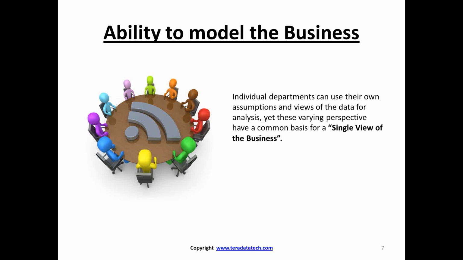It doesn't depend on the department, the data model, or the data mart which you are using. The point here is that the single version of truth should be reflected across all the departments of the Teradata, and this can be accomplished using third normal form.